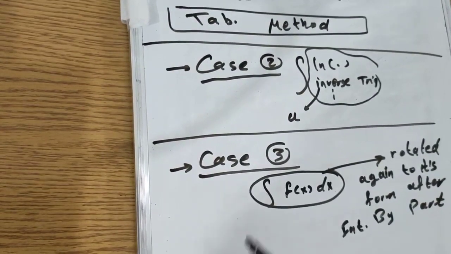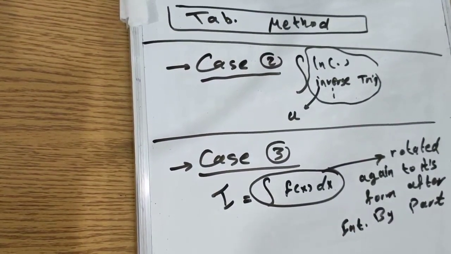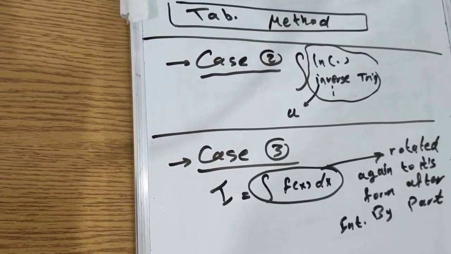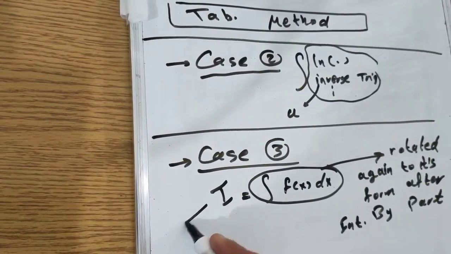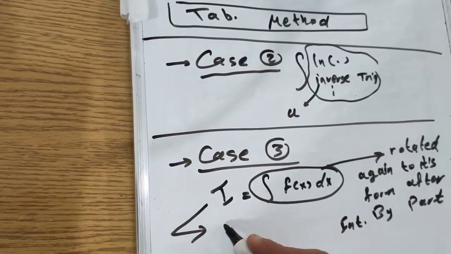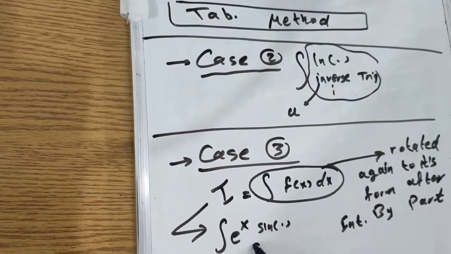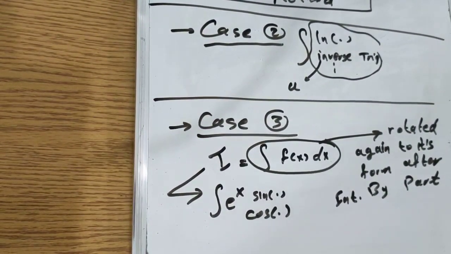So in this case, we assume that the value of the integration is equal to I, and after applying integration by part, we have the same form of the integration again, so we write it as I and collect the I in the same side. Like the case of having an exponential times sine or cosine, or like the case of integration of cosine cube.